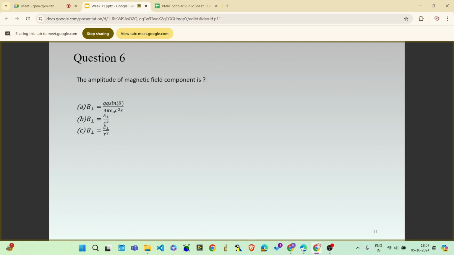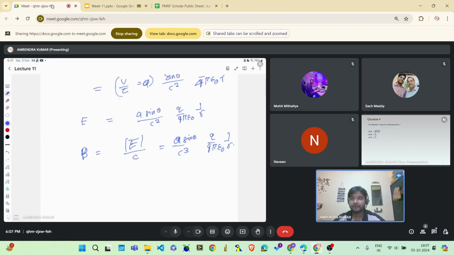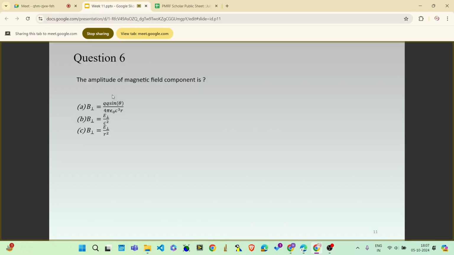Now the next question, the sixth question, is the amplitude of the magnetic field component.